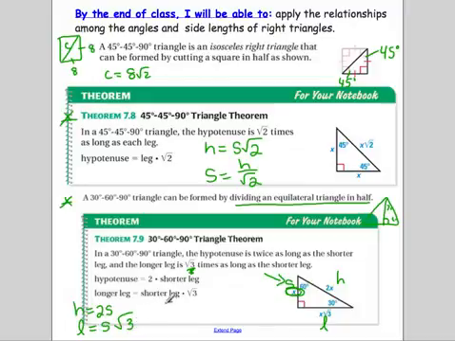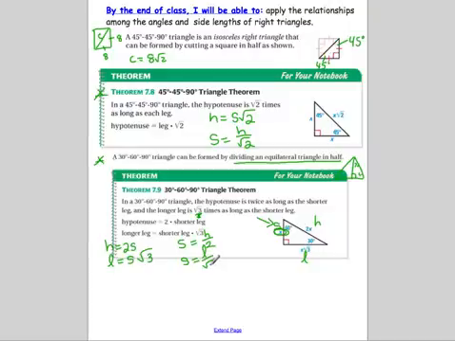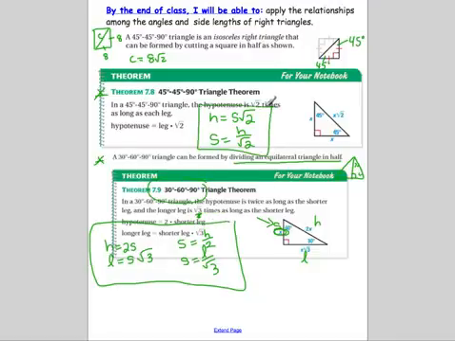If you want to find the short leg and you have the hypotenuse, just take the hypotenuse and divide it by 2. If you have the long leg and want to find the short leg, we'll simply take the long leg and divide it by the square root of 3. So these four formulas help us with 30, 60, 90 triangles. These two formulas help us with 45, 45, 90s.